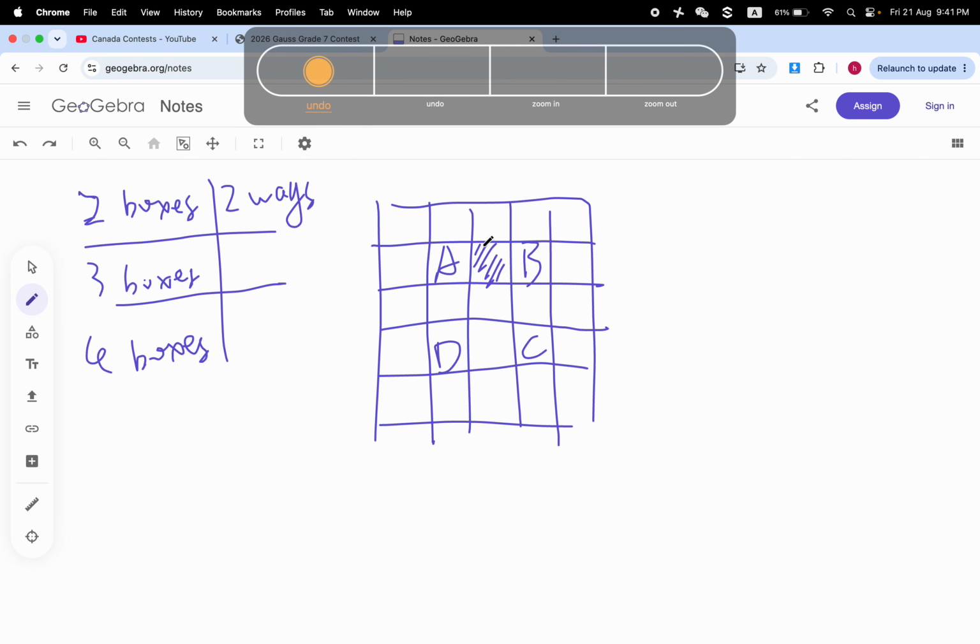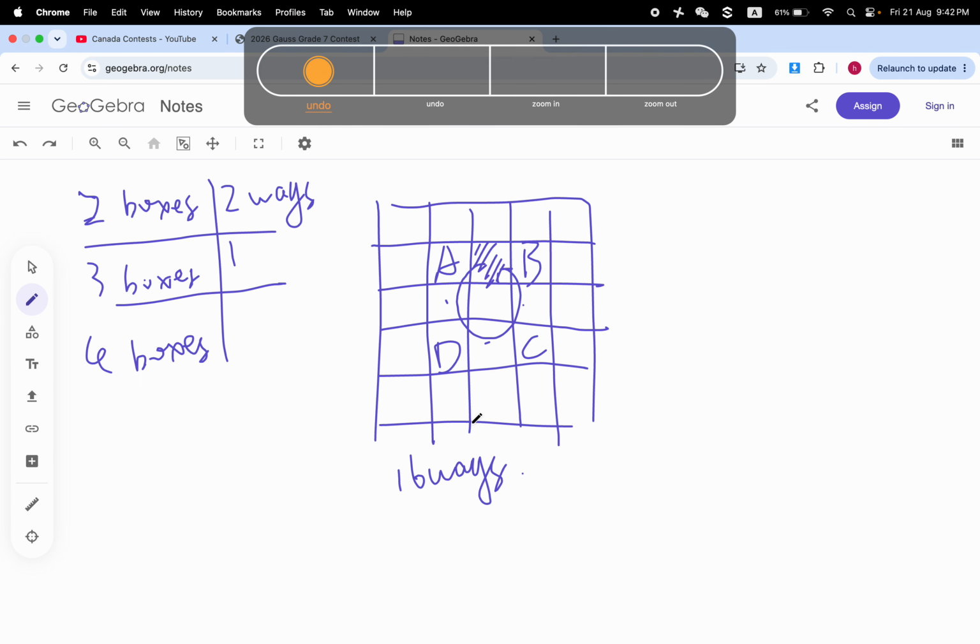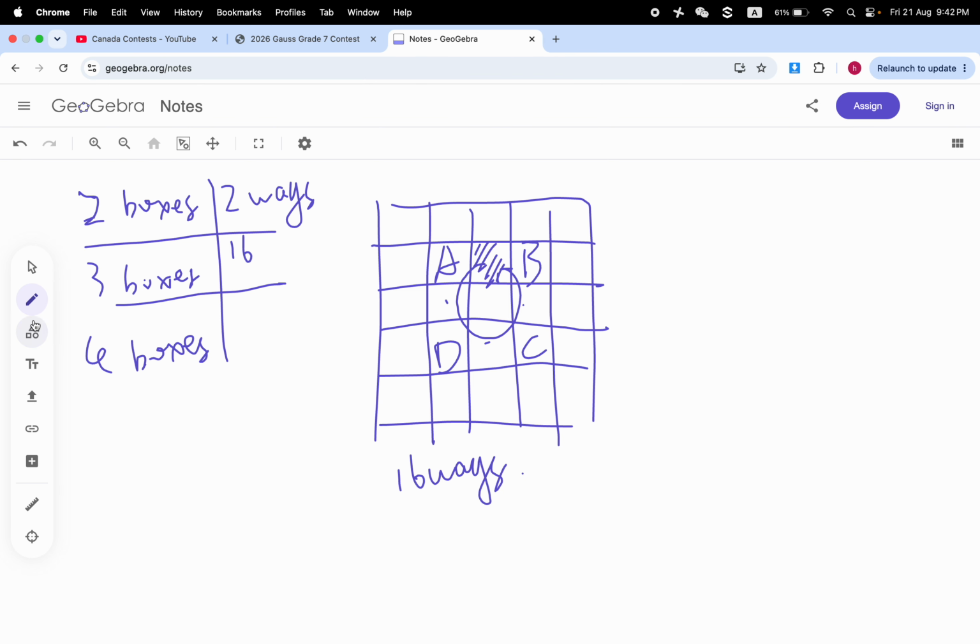If you assume this is the shared box, that's 4, and then this one can rotate, so there are 4 different places for this shared box. In total it is 4 times 4, that is 16 ways. That is to say, one is shared and the other two are not shared, so this is 16 ways. However, I put 16 here, and I'm going to erase something over here.